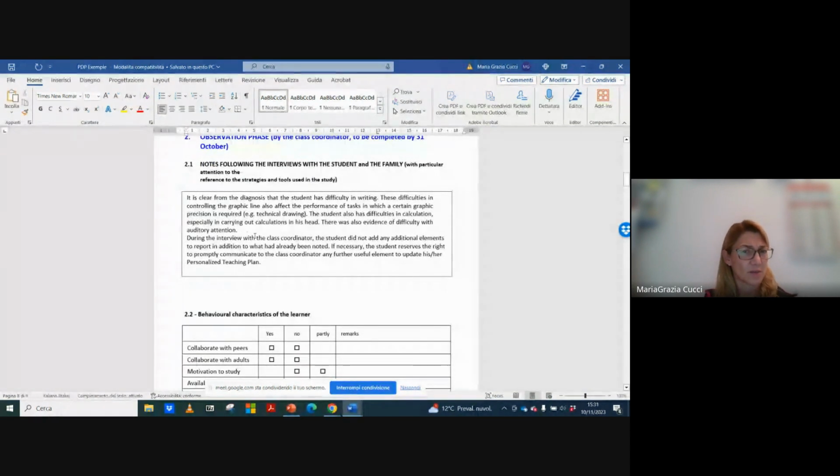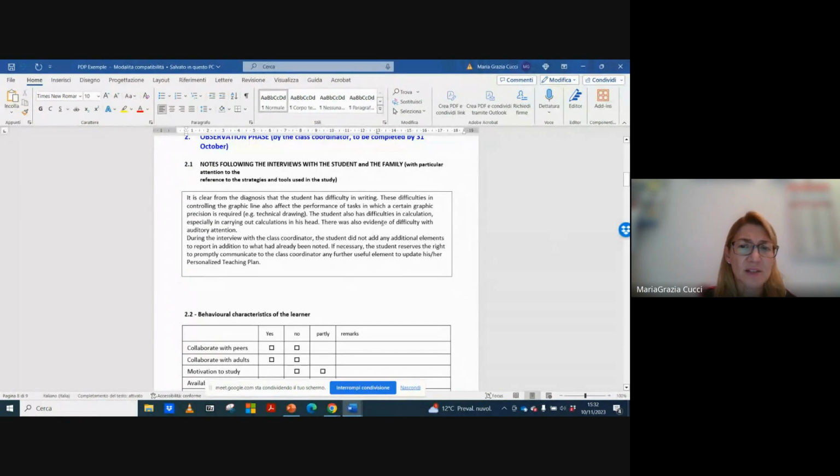During the interview with the class coordinator, the student did not add any additional element to report in addition to what had already been noted. So you do not always have to write something that is completely new. You use this model exactly for what you can notice or from what you can observe.